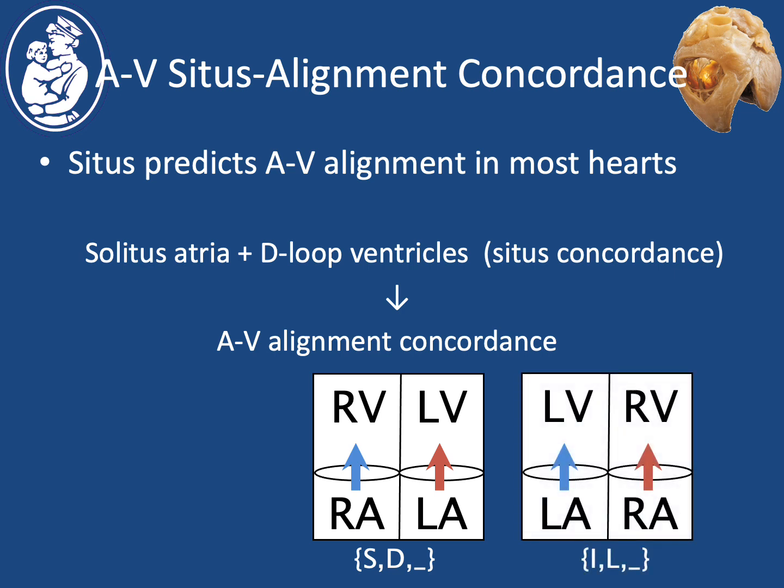Similarly, with inverted atria and L-loop ventricles, there is both situs concordance and alignment concordance. There is said to be harmony between situs and alignment.